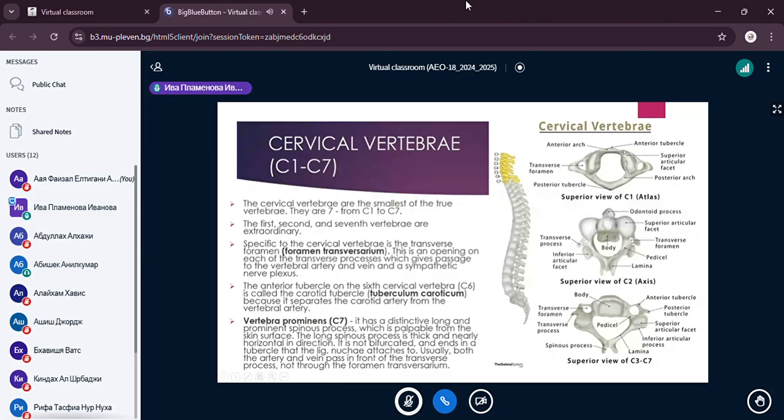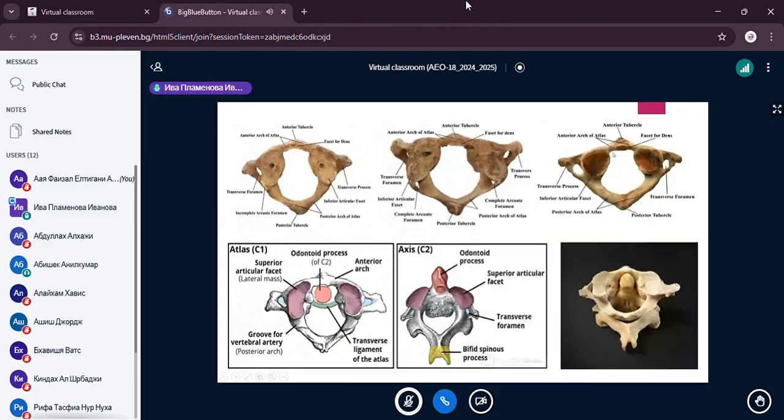The anterior arch is shorter than the posterior. On the outer surface of the anterior arch, we have the anterior tubercle. On the posterior side, here or here, is the fovea dentis for the dens axis. What else?